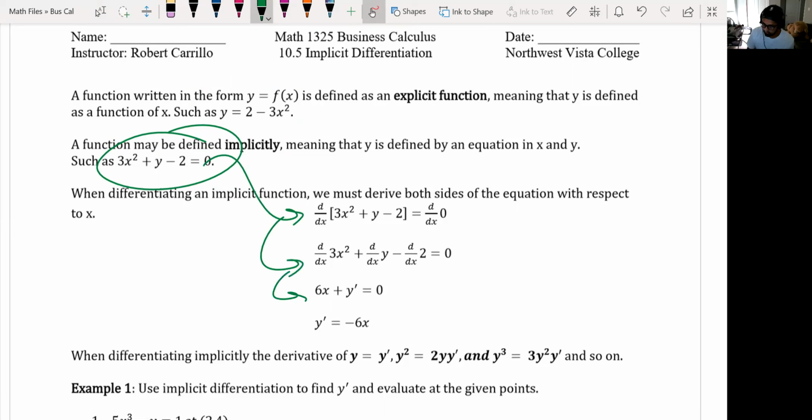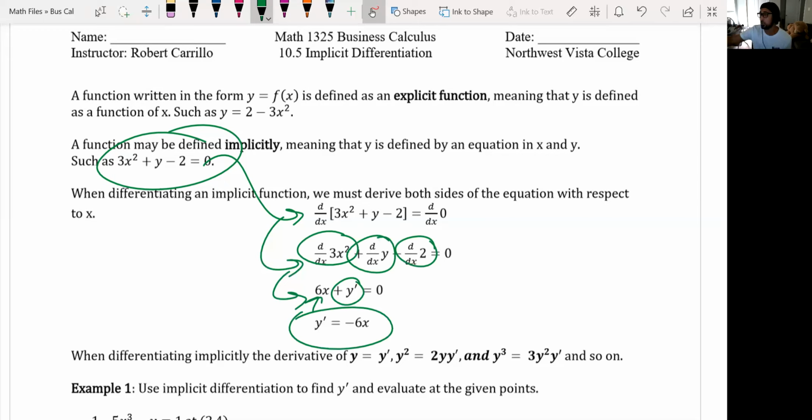The derivative of 3x squared is just 6x. The derivative of y with respect to x becomes y prime. And of course, the derivative of any constant is always 0. So we end up with y prime equal to -6.